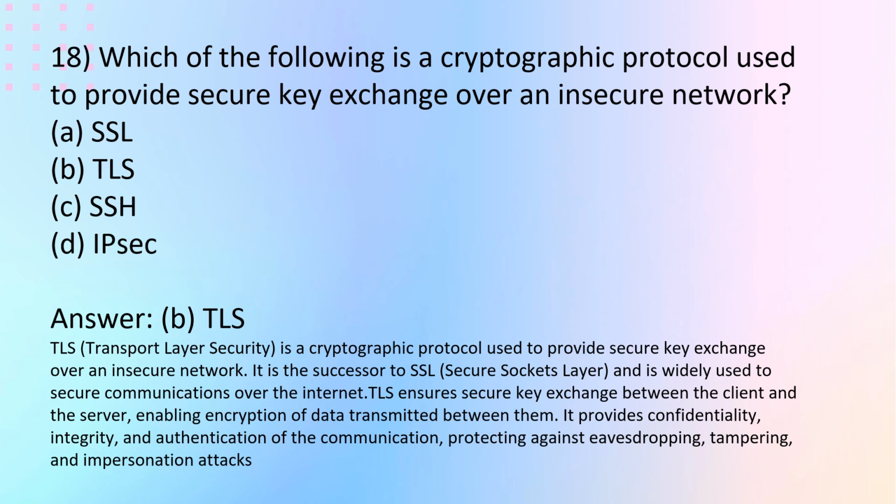TLS ensures secure key exchange between the client and the server, enabling encryption of data transmitted between them. It provides confidentiality, integrity, and authentication of the communication, protecting against eavesdropping, tampering, and impersonation attacks.